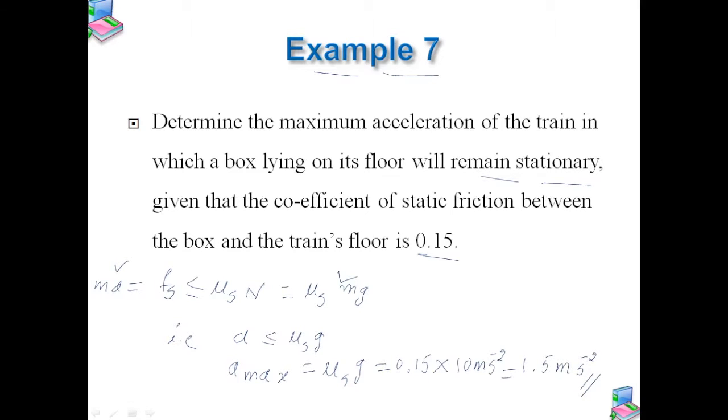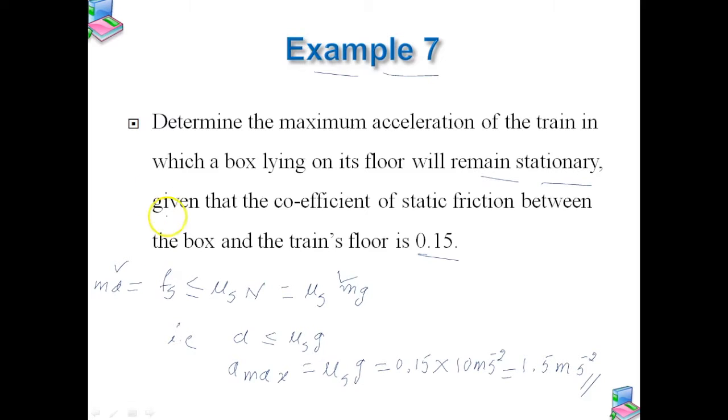Here the acceleration of the box is due to the static friction. That static friction is Fs, which is given by mu s into N, where we can write N as mass into g, acceleration due to gravity. By comparing those two equations, we get A is always less than or equal to mu s into g.